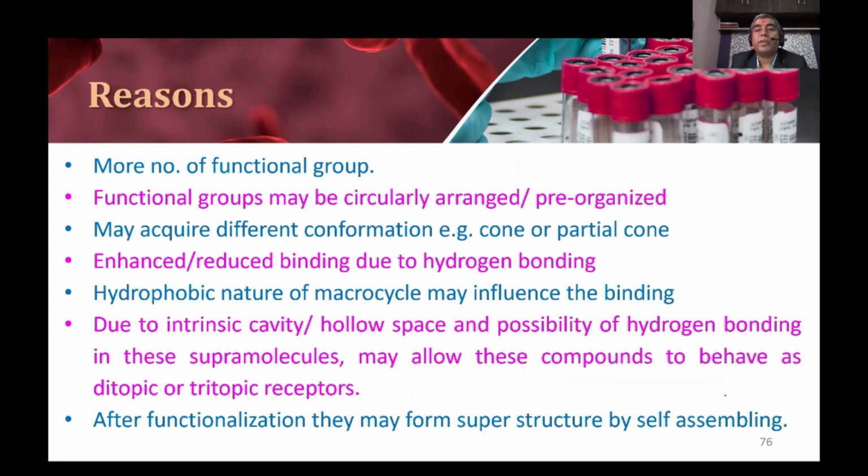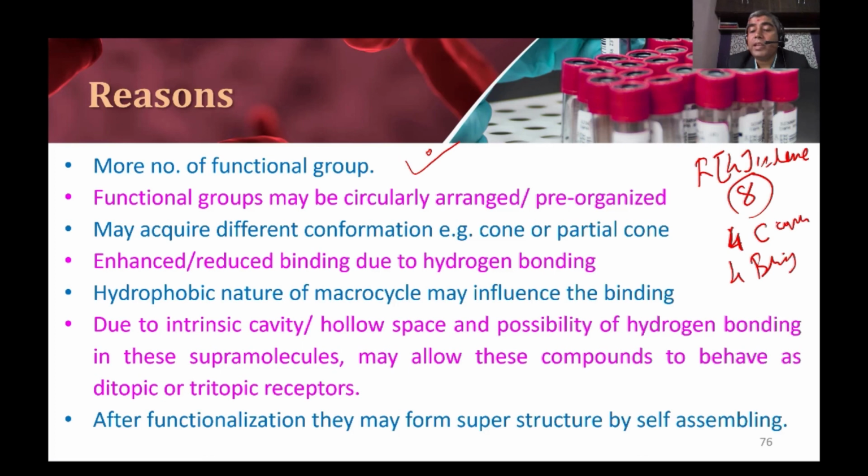Why do we get a better function than our expectation? These are the reasons. First, more functional groups. If we take the example of resorcin[4]arene, we have 8 hydroxyl groups on the upper rim, 4 aromatic carbons on the upper rim, and 4 bridging groups, so we can substitute at these 16 places.